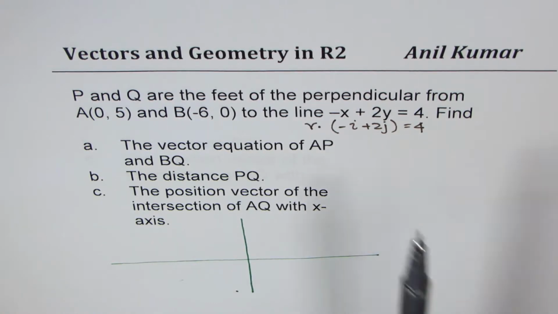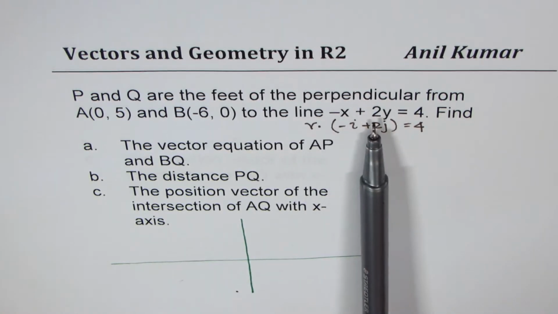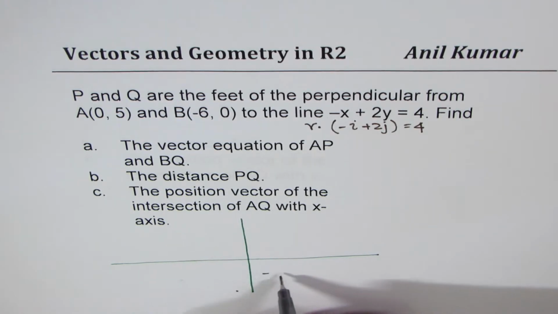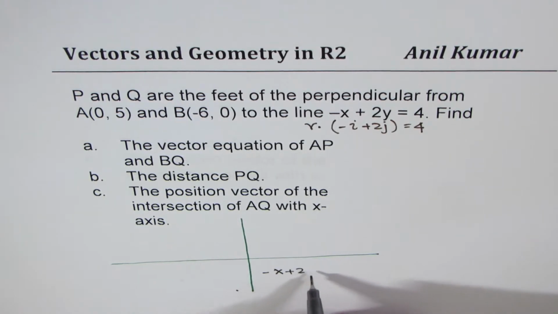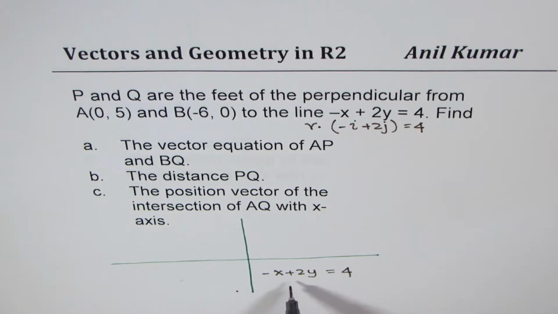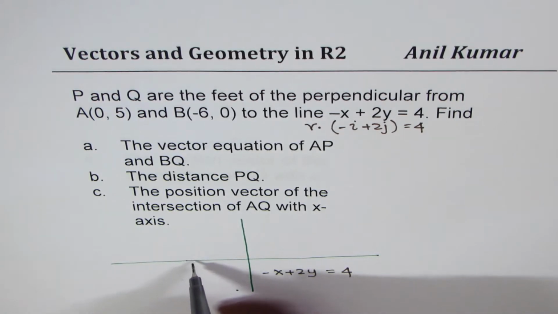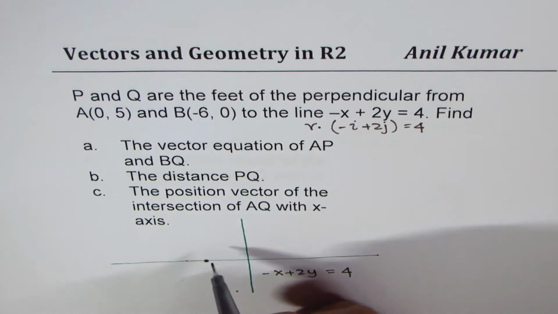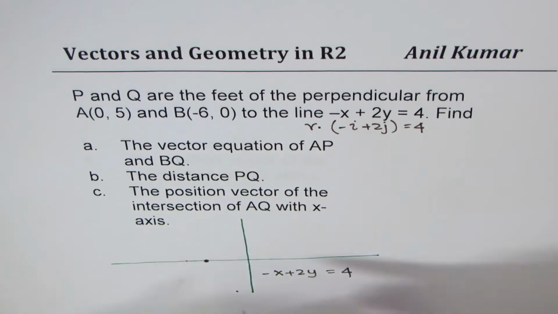We are given the equation of the line -x + 2y = 4. We can find the x and y intercepts. The x-intercept is -4, so let's say this is -4. And the y-intercept will be 4 divided by 2, which is 2. Join these two, and we get a line.